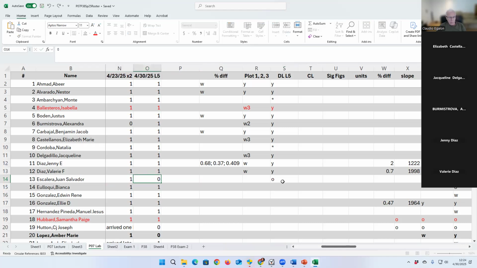Bianca, are you there? Downloaded graph and work on percentage difference. Okay, good. Thank you. Working on percentage difference. Let's go to the next one. Edwin Gonzalez. Doesn't look like Edwin Gonzalez is here. Okay. Eli Gonzalez.